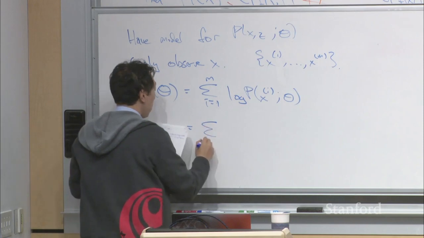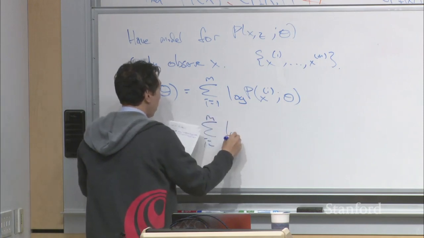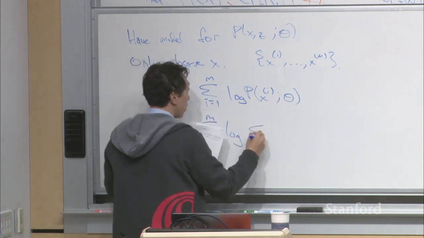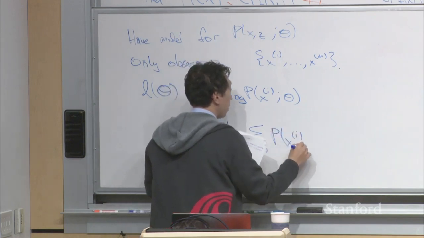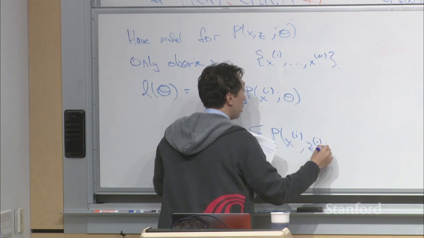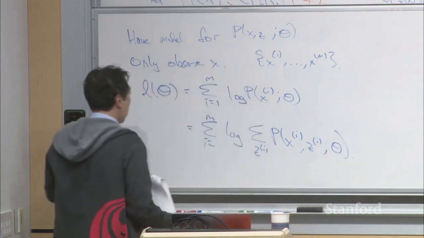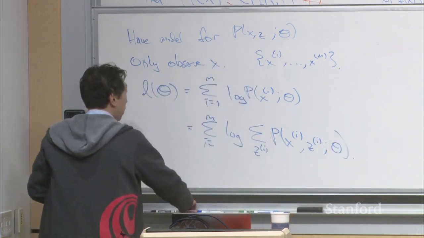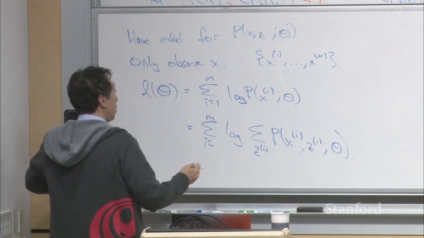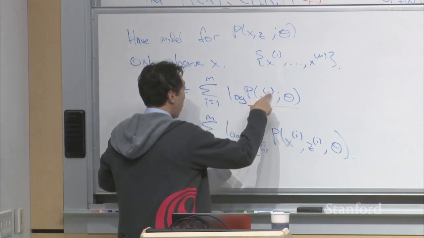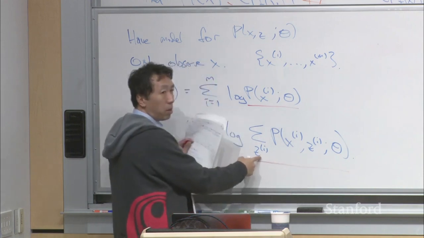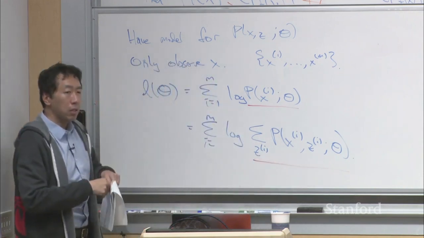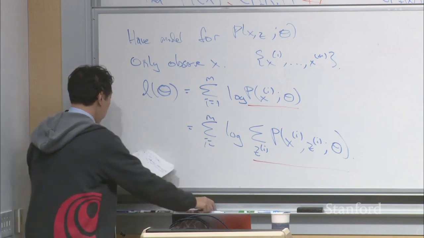And this in turn is log of the sum over z of P of x_i, z_i parameterized by theta, because P of x is just taking the joint distribution and marginalizing out z_i.